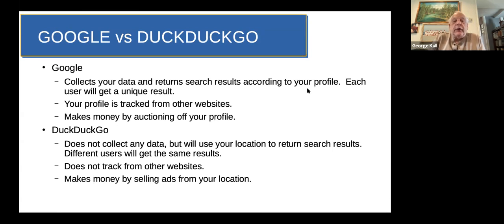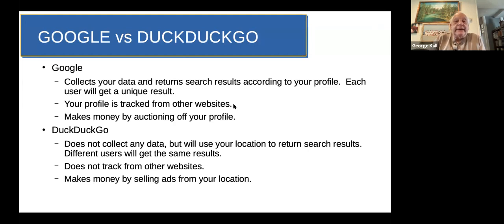So it's building a profile of you. And thus, every time you do a search, you will get results that are unique to your profile. The profile, by the way, is also built as you go to other websites.